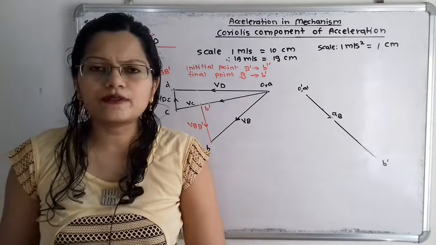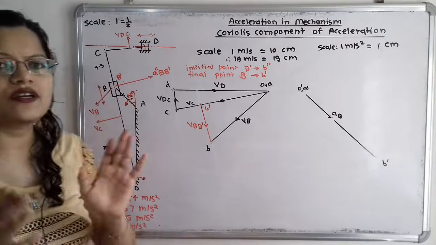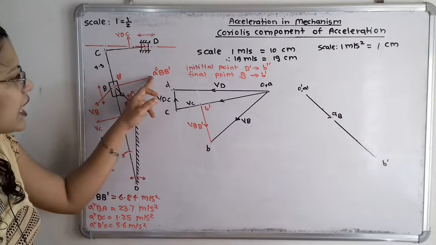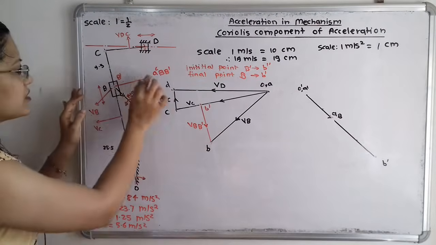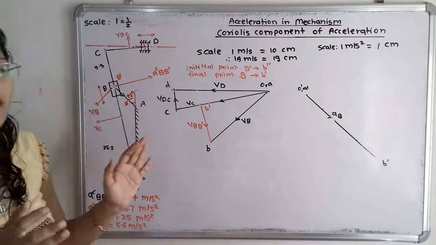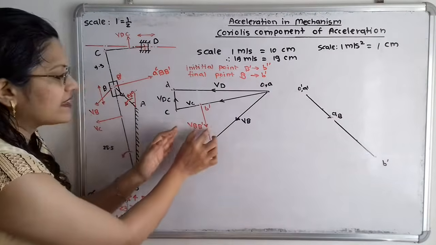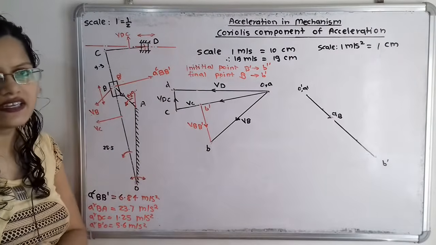Now if we observe this at this point B, there is the coincident point B dash, and which is having the Coriolis component of A, B, B dash. Now we will first understand this term. So if we refer the velocity diagram, so according to this direction of velocity, this Coriolis component of acceleration is getting decided.